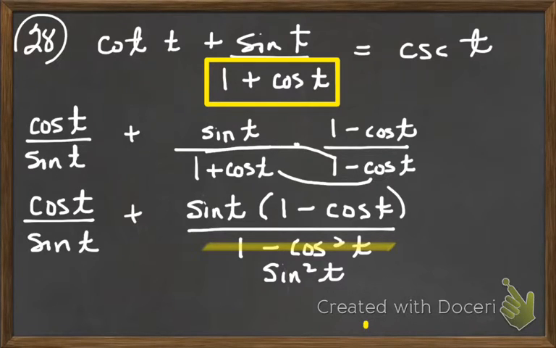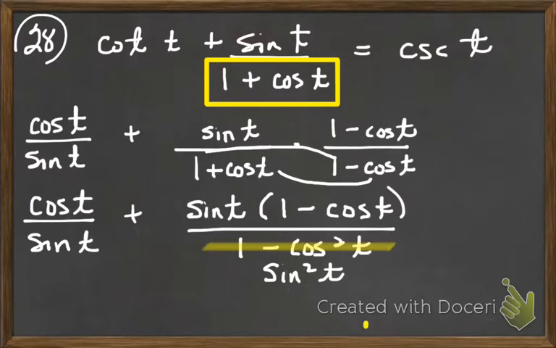So the reason I'm multiplying 1 plus cosine times 1 minus cosine is to get 1 minus cosine squared. And then 1 minus cosine squared turns into sine squared.